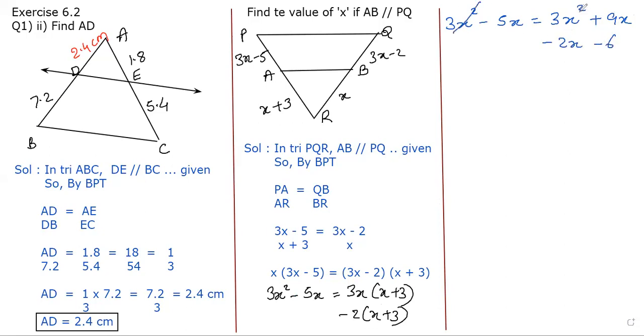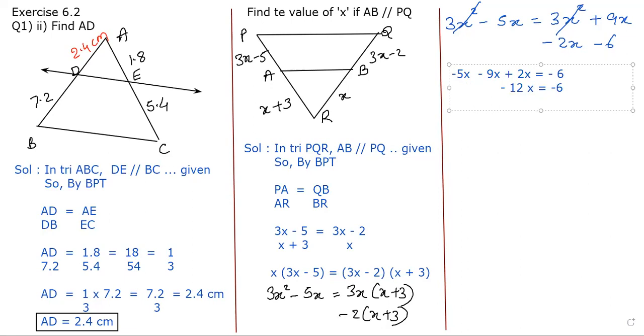3x square and 3x square on either side get cancelled. So minus 5x minus 9x is equal to plus 2x minus 6. So minus 14x plus 2x is minus 12x. Do I get minus 12x? Yes, sir.